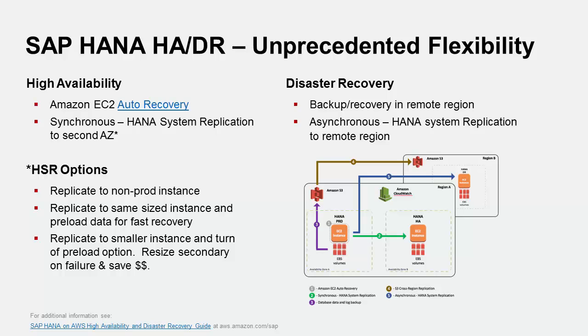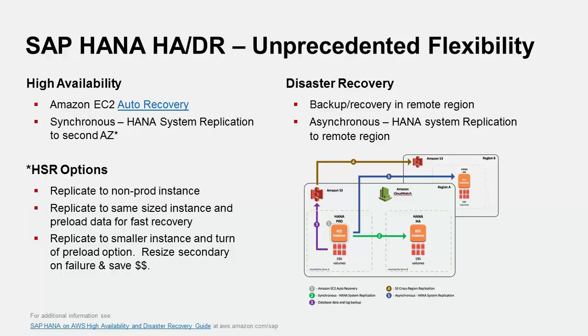So compared to on-premises infrastructure, if your physical appliance was to fail, unless you have a standby physical appliance, your system would be offline until you can bring your physical appliance back online. So at no additional cost, you have increased availability just by using the EC2 auto recovery service.